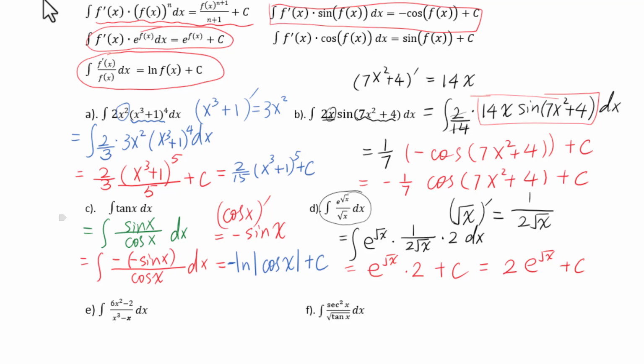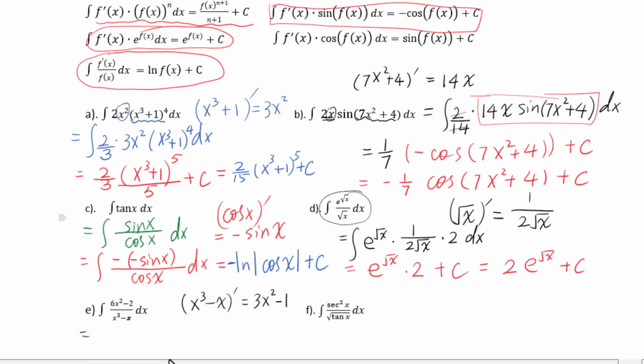Let's go to E. Through analyzing, we know x to the third power minus x, prime, equals 3x squared minus 1. We have 6x squared minus 2.